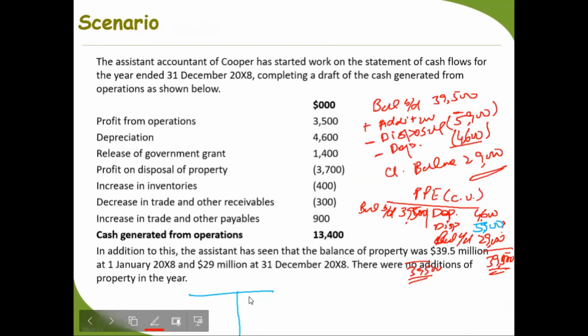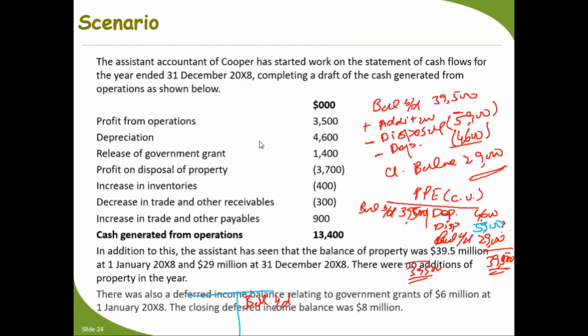So we have balance brought down of government grant, which is a deferred income balance, 6 million opening balance, and balance carried down, that is 8 million.